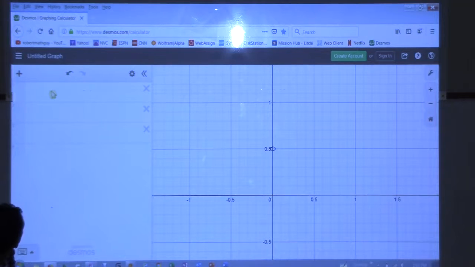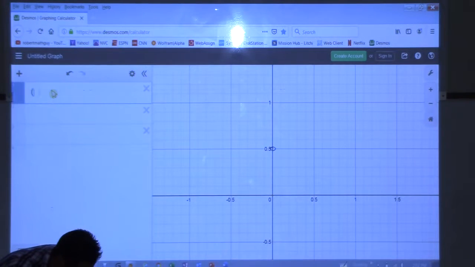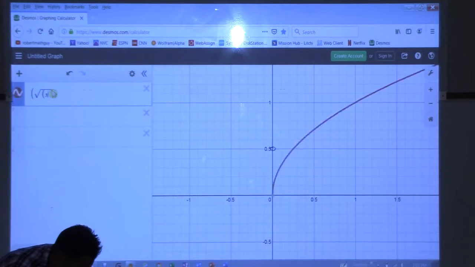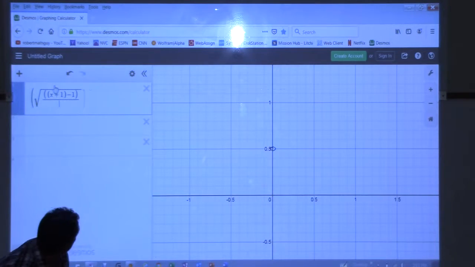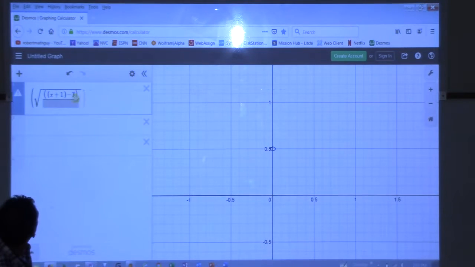So we have here, let's see, square root, was it x plus 1? Yes. Okay, and then all that minus 1. And then, this thing is smarter than me.